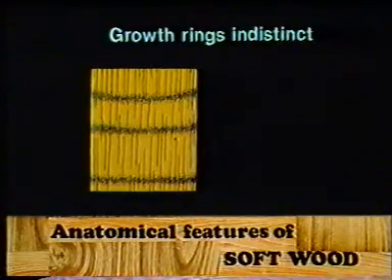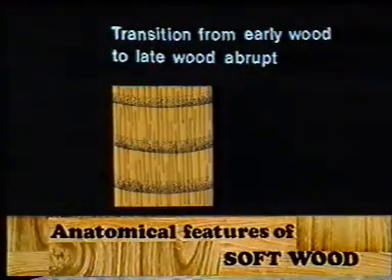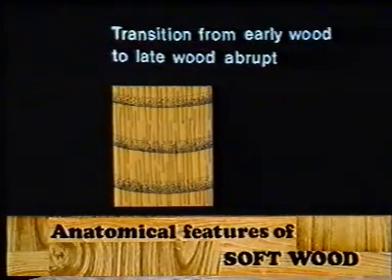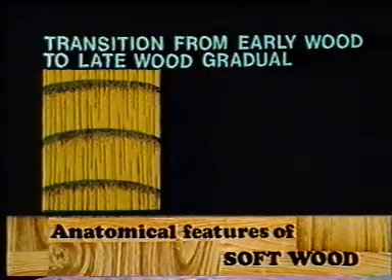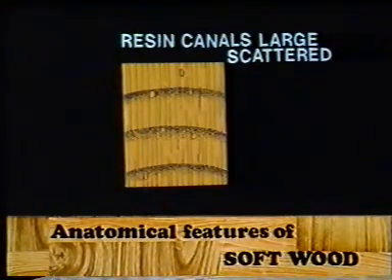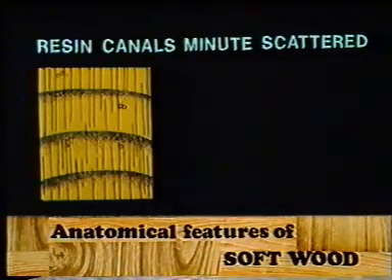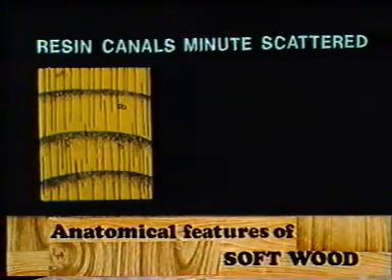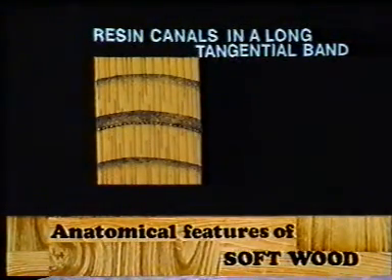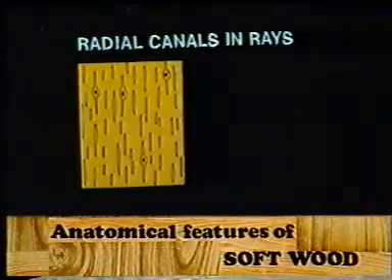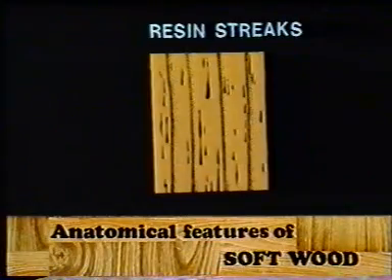Growth rings are characteristic features in softwoods, which is due to contrast between early wood of one year and late wood of the previous year. Rays and canals, vertical or horizontal, contain resinous matter and are a characteristic feature of many Indian softwoods. For example, in deodar, the rays and canals can be seen in tangential bands and are very useful in identification.